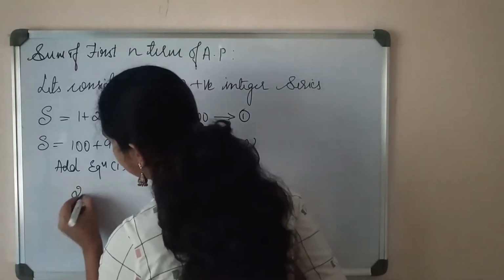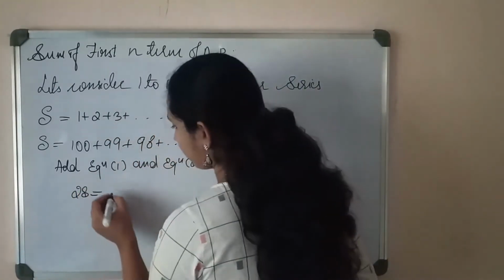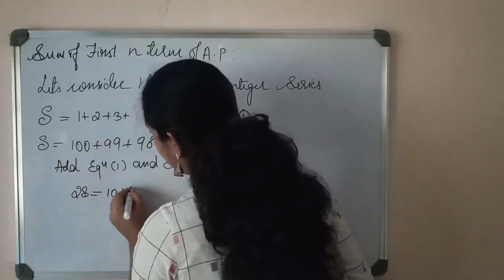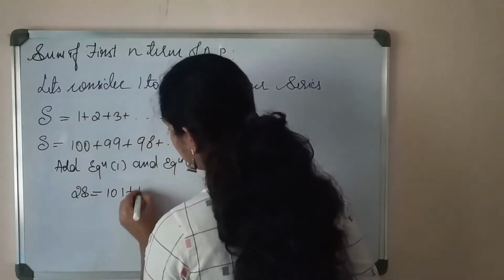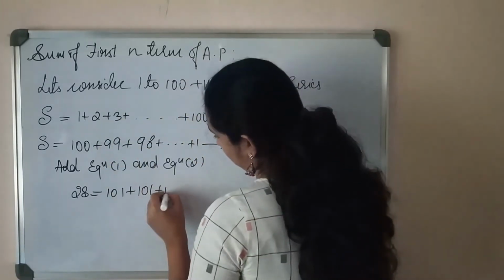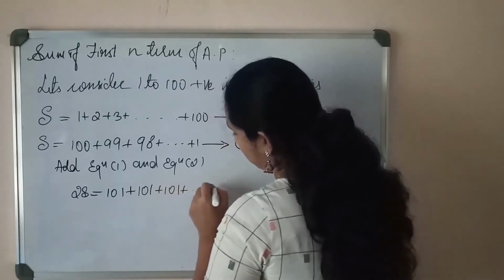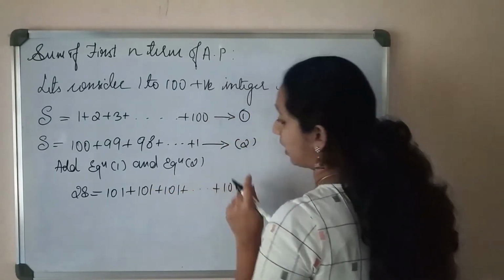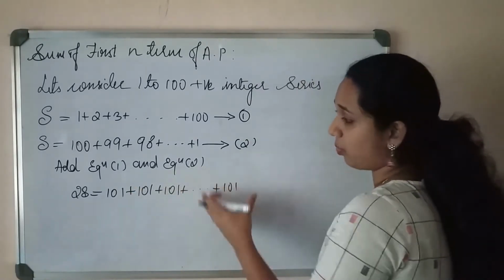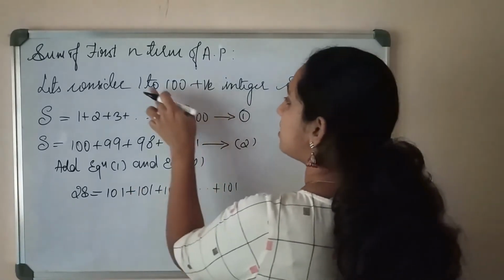Adding equation 1 and 2, I'll get 2S equal to 101, because 100 plus 1 is 101, plus 99 plus 2 is again 101, plus 98 plus 3, again it is 101, and so on. Till 100 times I'll get 101, because I have taken it from 1 to 100.